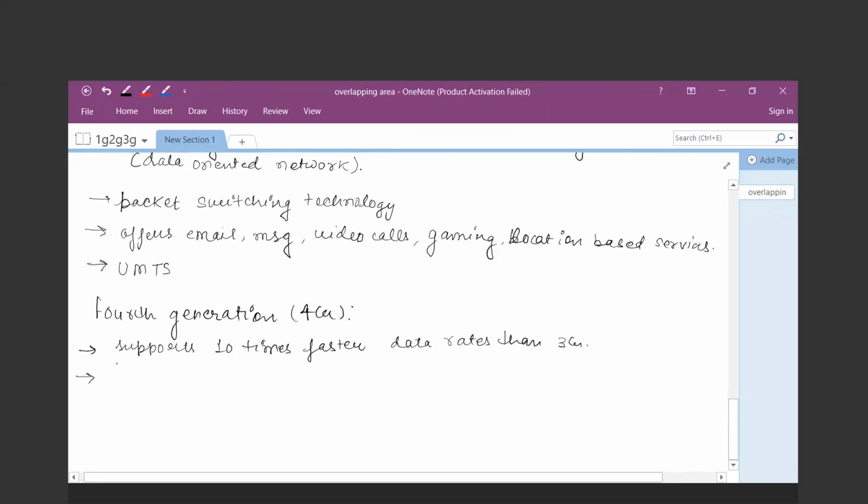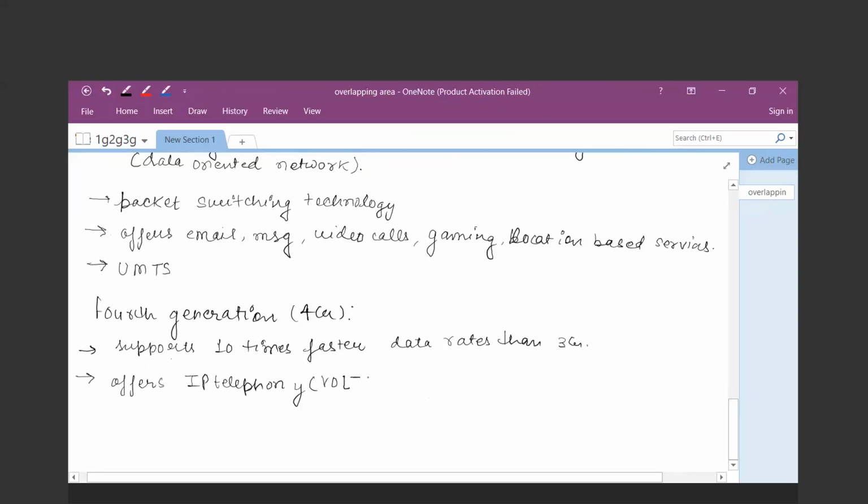And it is an IP based network, means mobile IP functionalities come into account when you are utilizing the 4th generation 4G system. So it offers you IP telephony, means IP address based telephone systems, and sometimes it is called VoLTE.